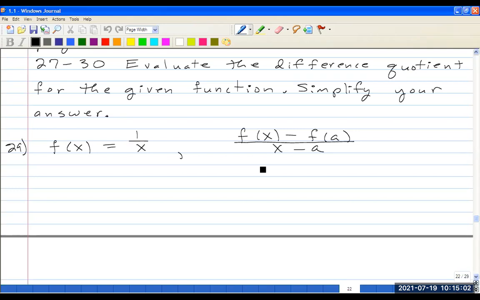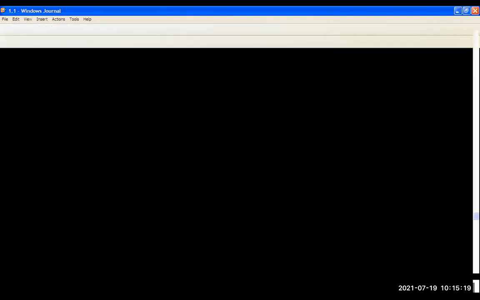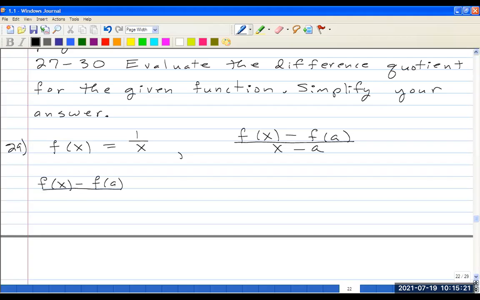So let me look at the difference quotient, f of x minus f of a over x minus a. I will assume, of course, that both x and a are in the domain of f, meaning x is not 0, a is not 0.